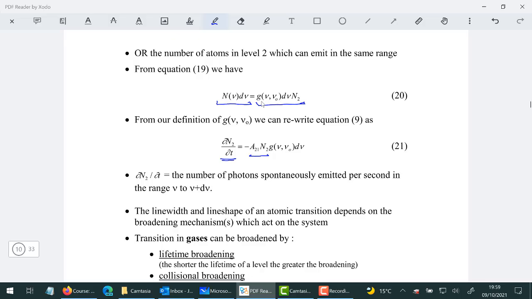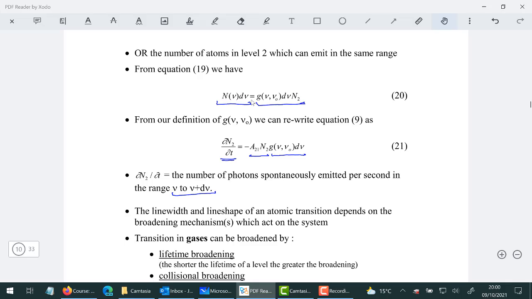But now we have to think about not just the total number of atoms, but the number of atoms per unit frequency that can actually interact, and how quickly do those move. So dN2 by dt is now the number of photons which are spontaneously emitted between the frequency of nu and nu plus d nu.